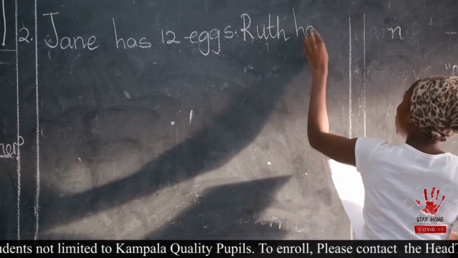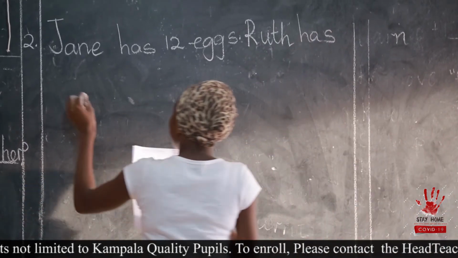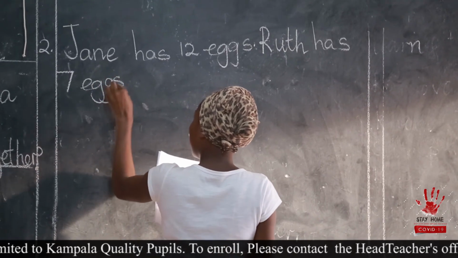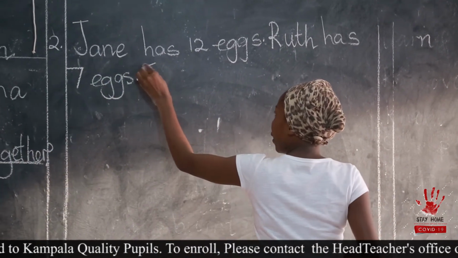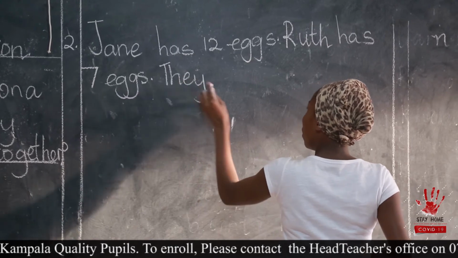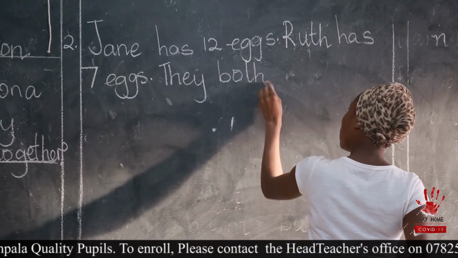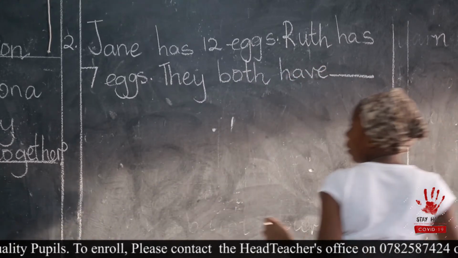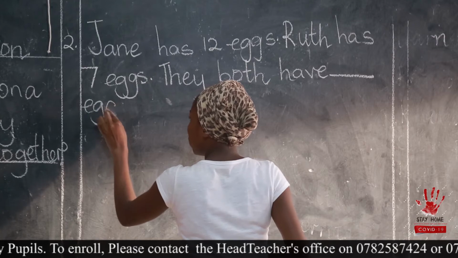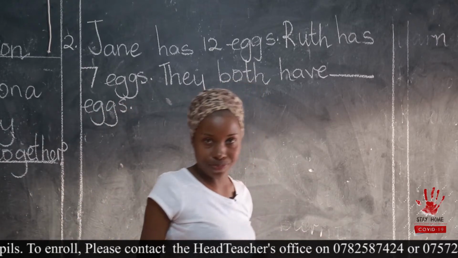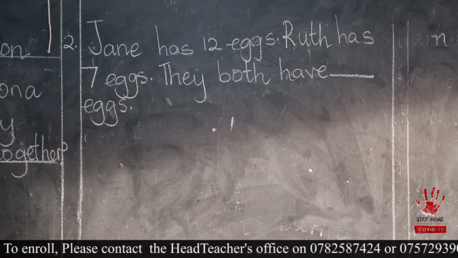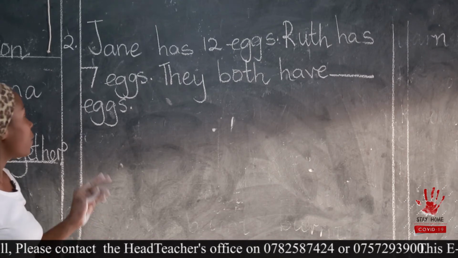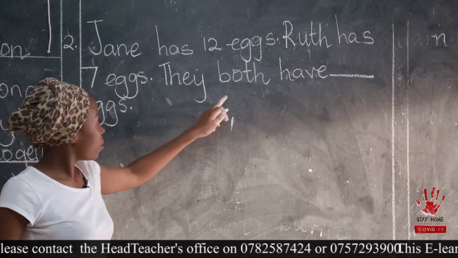Ruth has 7 eggs. They both have dash eggs. Yes, Jane has 12 eggs. Ruth has 7 eggs. They both have dash eggs.